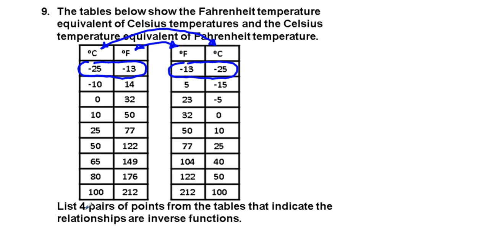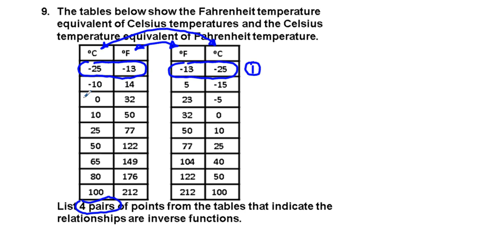So it says list below 4 pairs of points. So I'll call this point number 1. Now, not all of them are going to be the same necessarily. Not everyone swaps, because you're not going to have the same input values for each one be the output value necessarily.